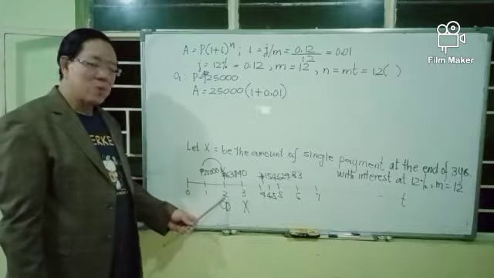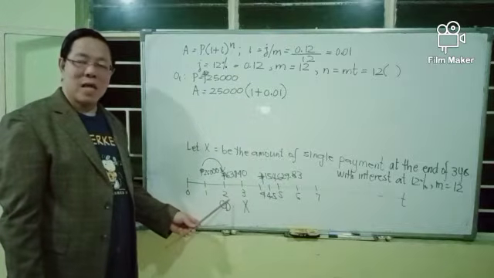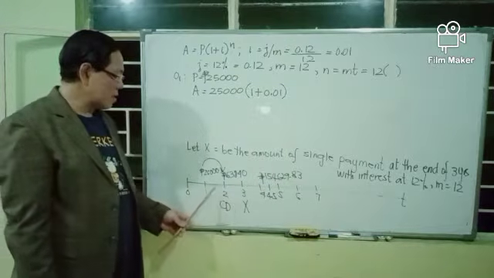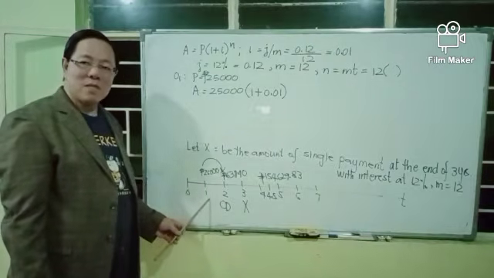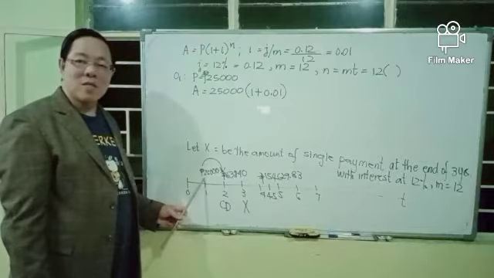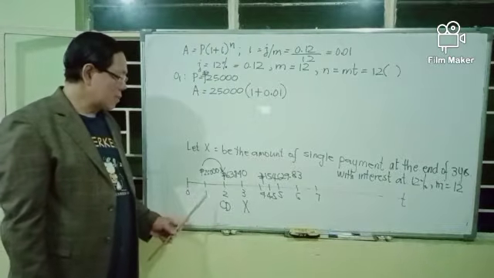From 1 to 2 years, the time elapsed is only 1 year. That is, T is 2 minus 1. That means we will accumulate 25,000 pesos for only 1 year.